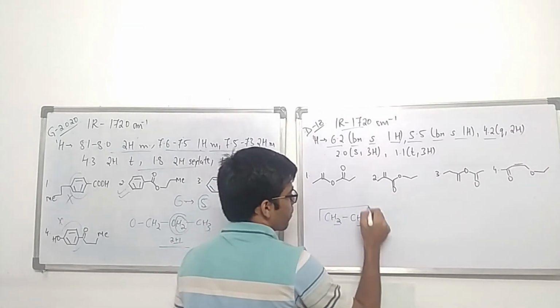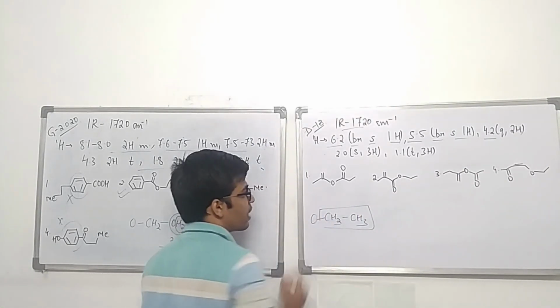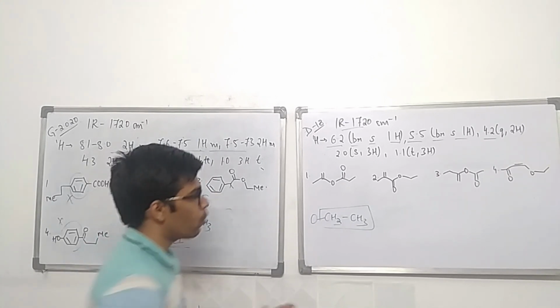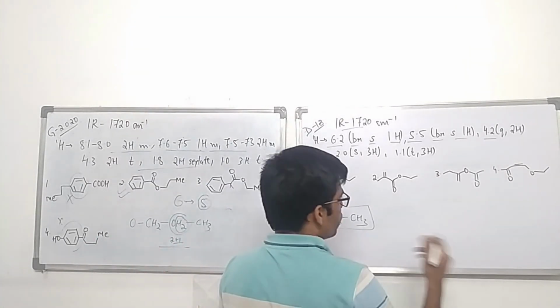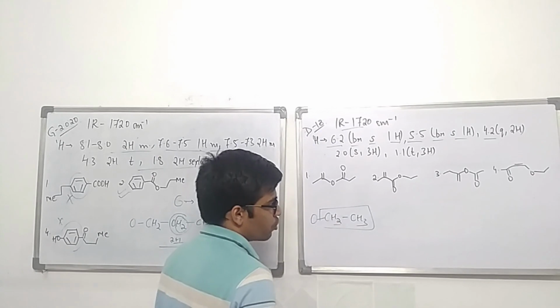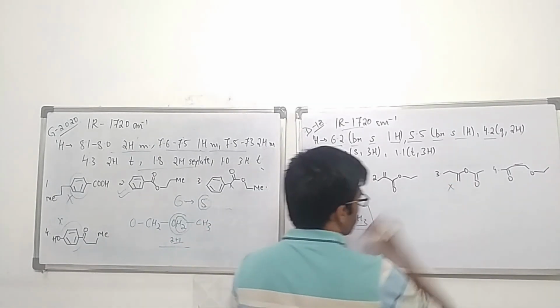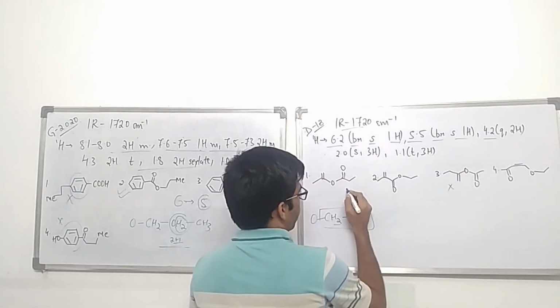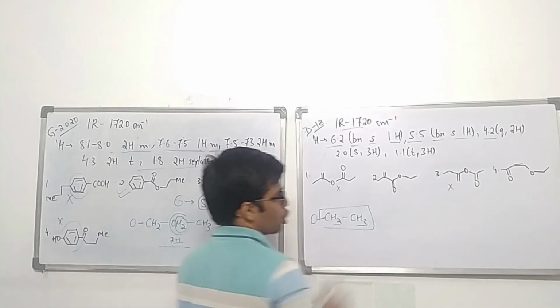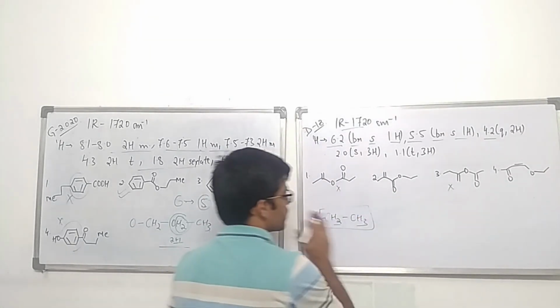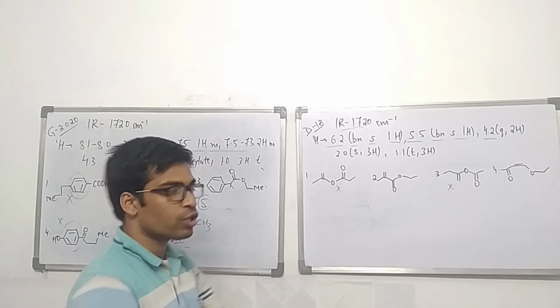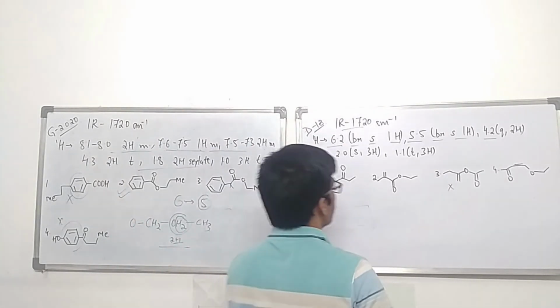That means this fragment has to be there and this has to be attached to oxygen. Okay. Which is possible in which of the structures? So in this structure that is not possible. In this structure also that is not possible. So the only 2 possibilities these 2. So that means again 2 options are discarded, only 2 more left.